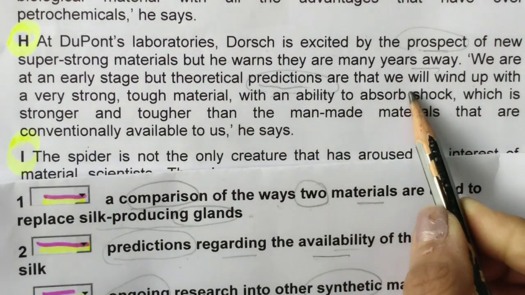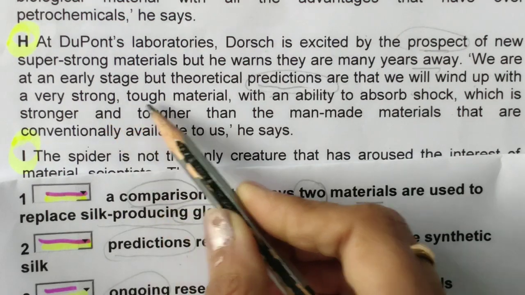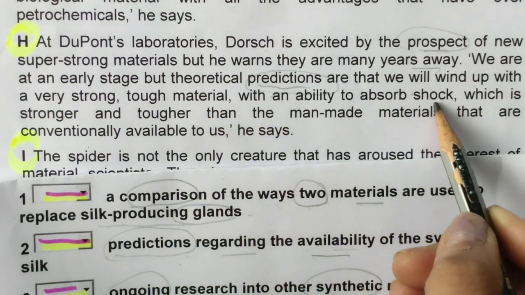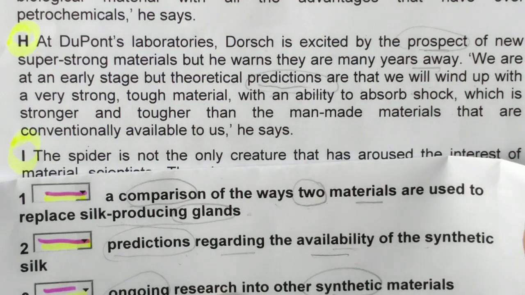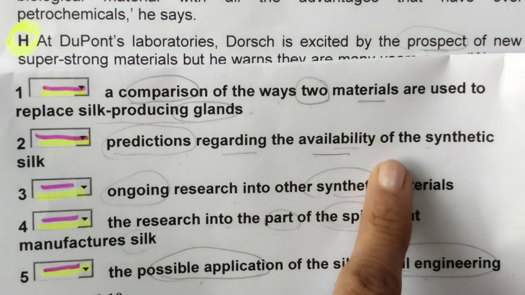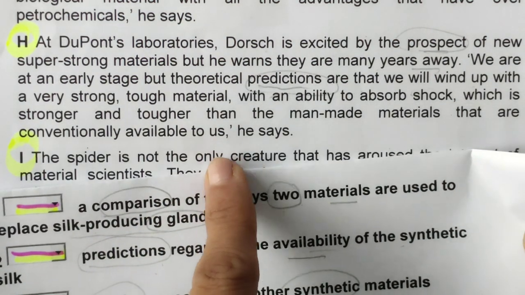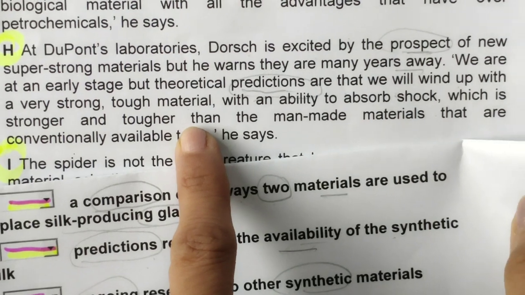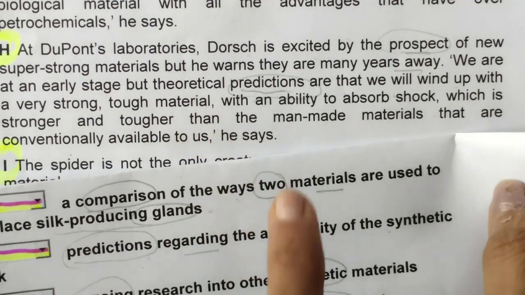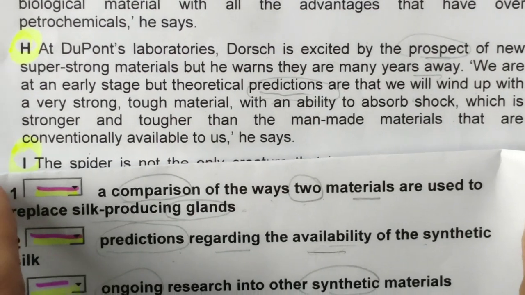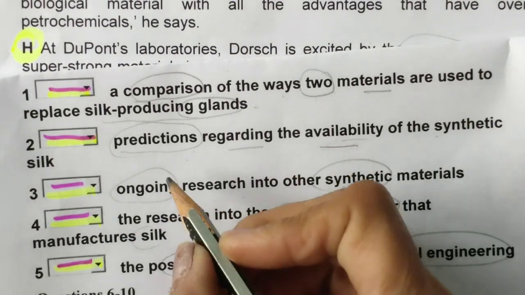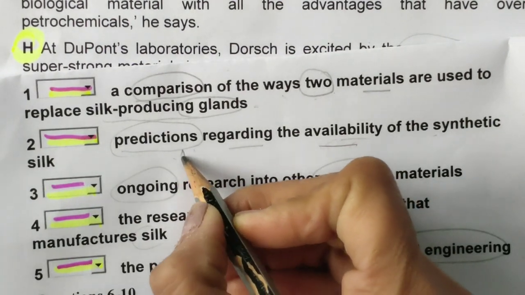That we will wind up with strong material with an ability to absorb shock, which is stronger. Now you will say, where is synthetic silk? Of course, the title is about spider silk, and they may be talking about this, but predictions are there. So initially we can mark this H paragraph.